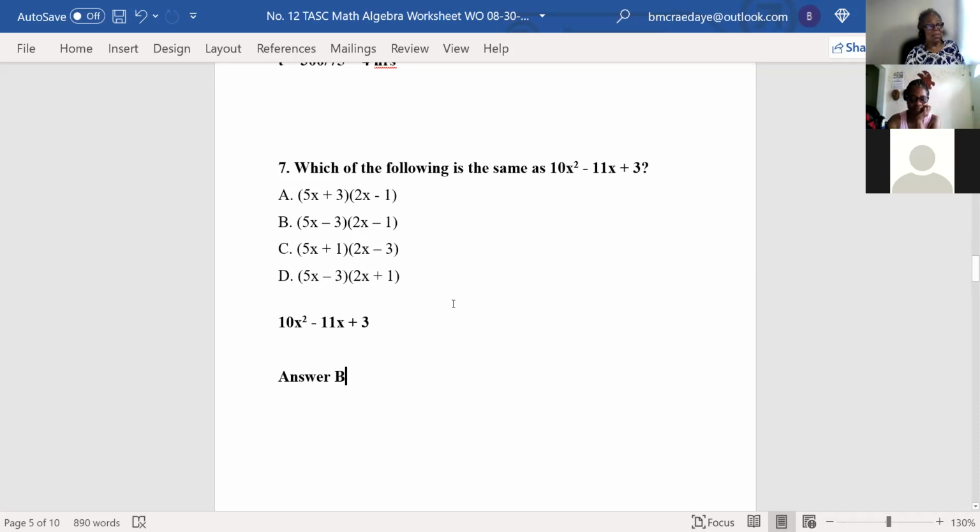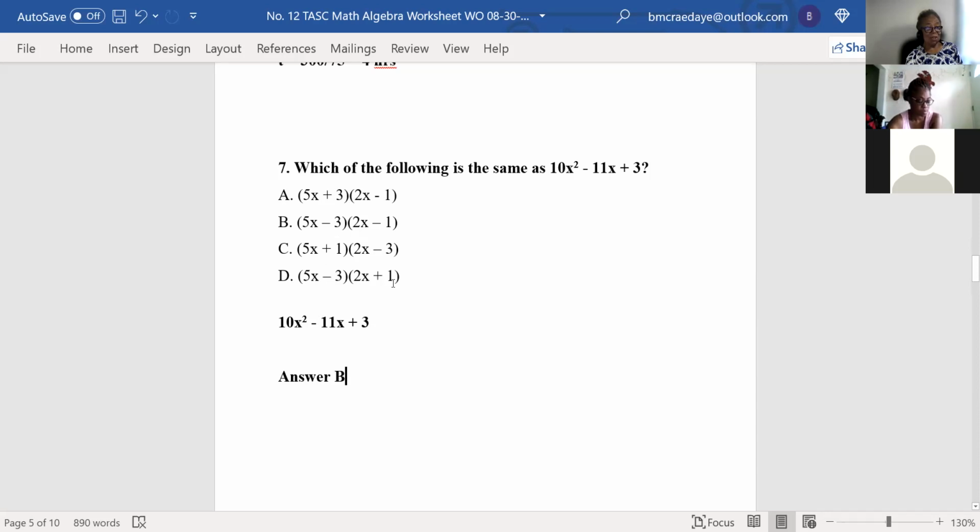Okay, but I'm just telling you the way, once you look at this expression, you try to get a +3. So your constants must multiply to give you a +3. A +3 times a -1 does not give you a +3. It gives you a -3. A +1 times a -3 gives you a -3. A -3 times a +1 gives you a -3.